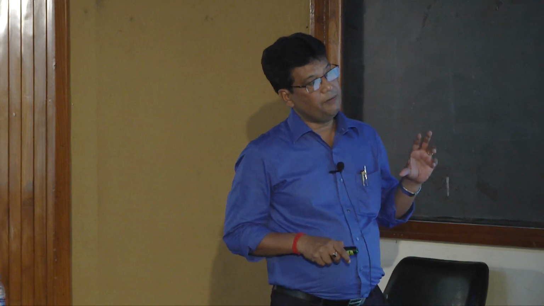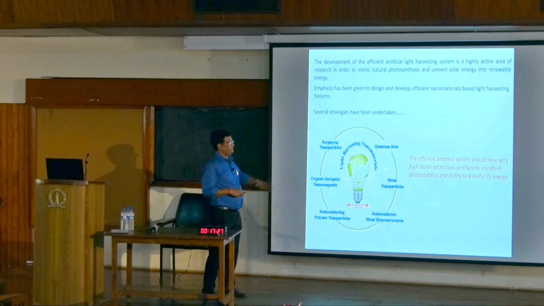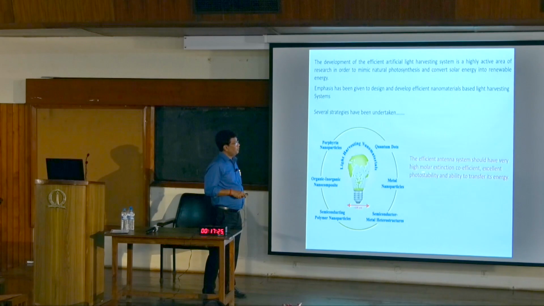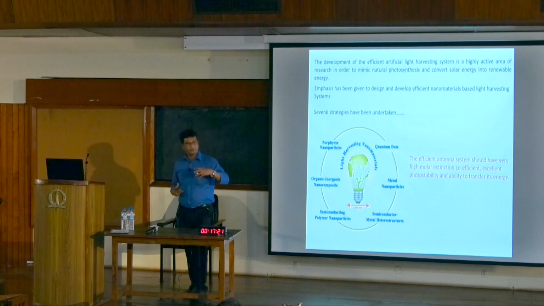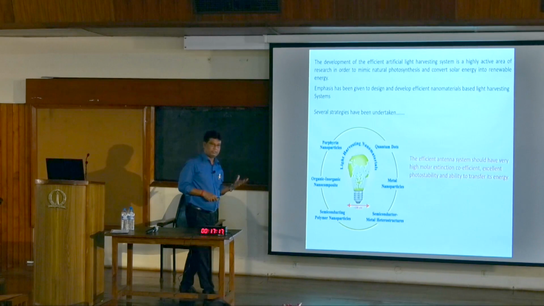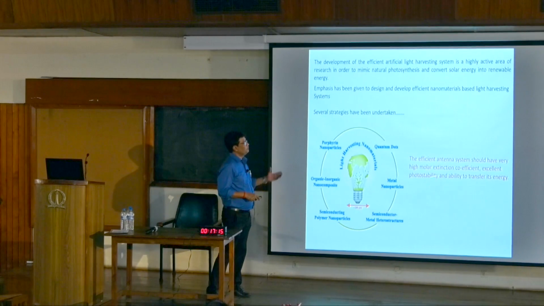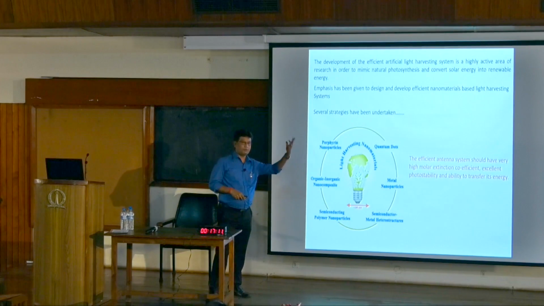Nanomaterials are very good antenna materials because they have a high molar extinction coefficient, meaning more photons are absorbed, and they are very photostable. That is well known, and they transfer energy easily, so you can have an energy transfer process like this.